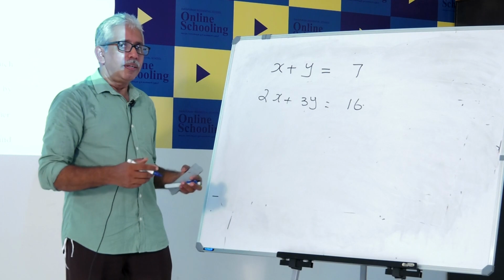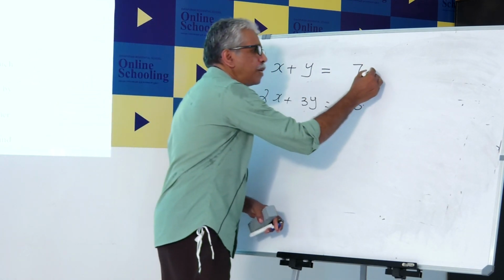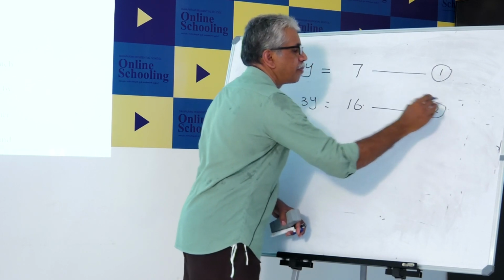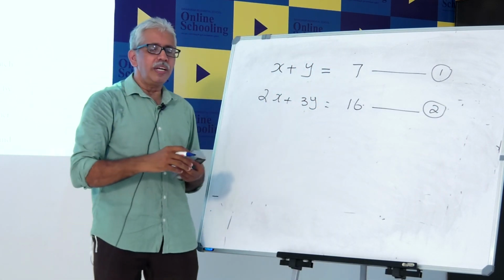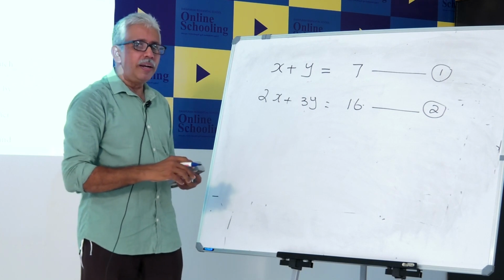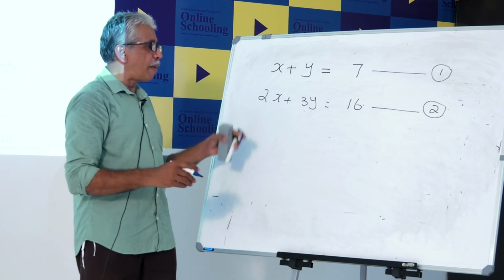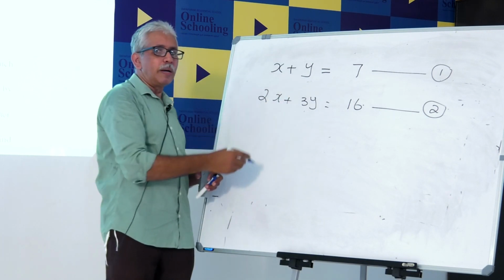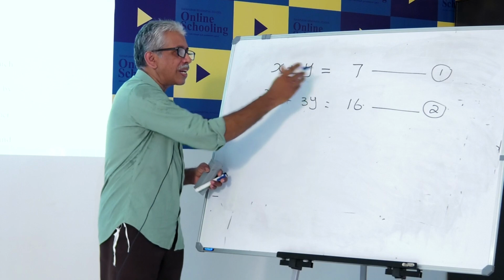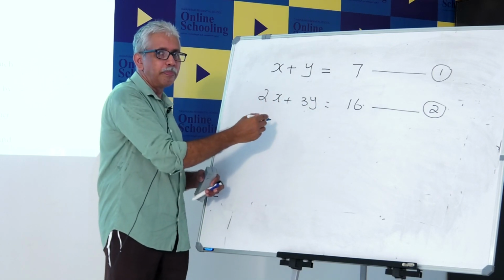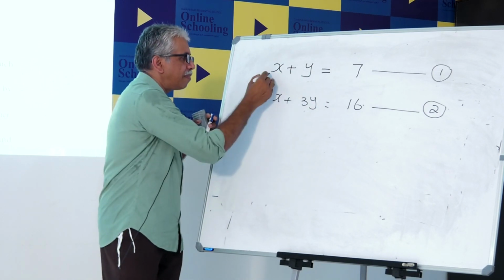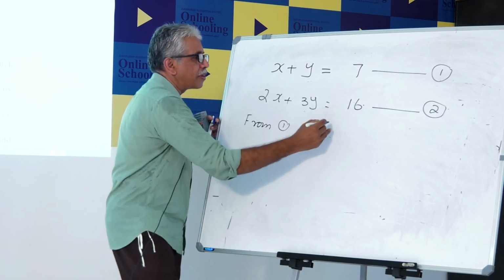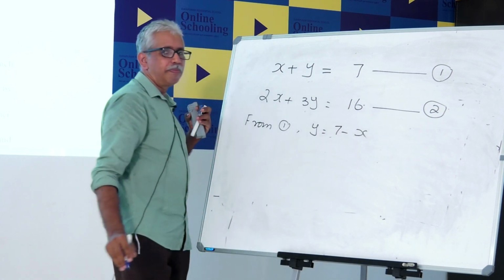So, when you have two linear equations, first you put them suitable numbers. The first equation you are keeping number 1 and the second equation you are keeping number 2. Now, from the first equation, any one of the variables you can write using the other variable. So, here we can write from equation 1, y equal to 7 minus x.